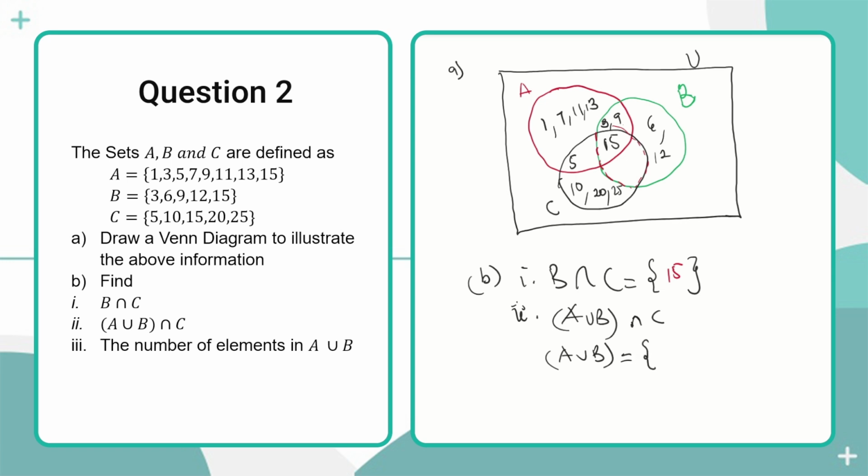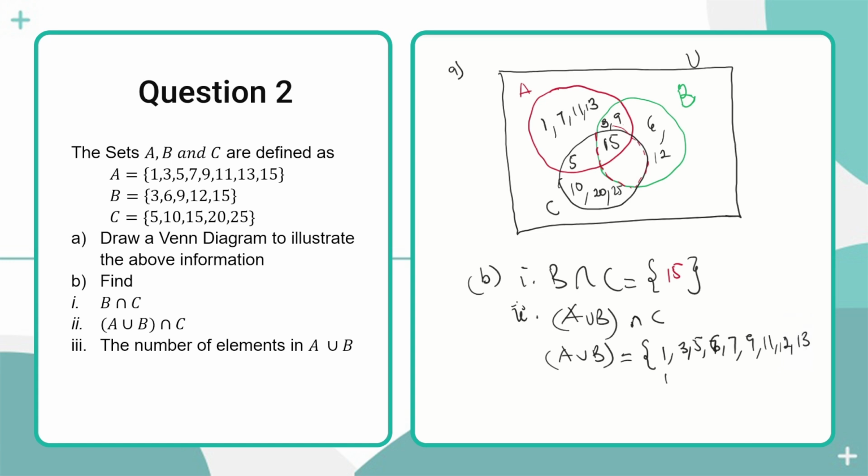So A union B are all, let's list all the elements in A and B together. So we can begin from our 1, we have our 3, we have 5, we have 6 as well, we have 7, right? We have 9, and we have 11, we have 12, yes, we have 12, we have 13, and then we also have 15, right?